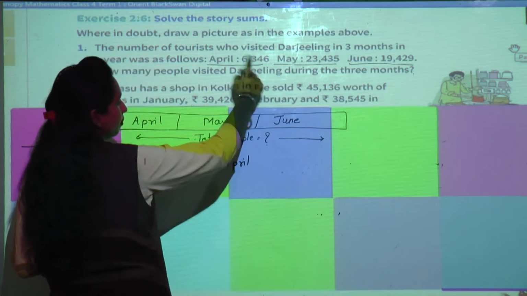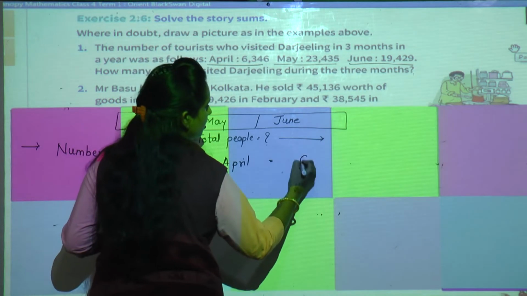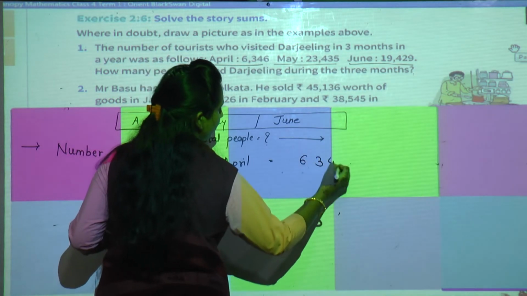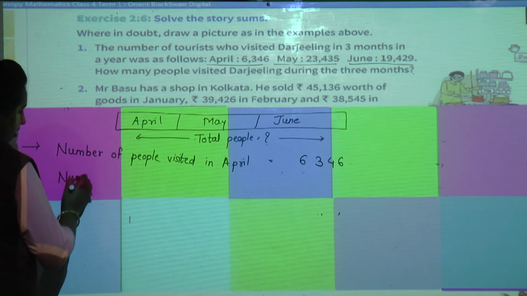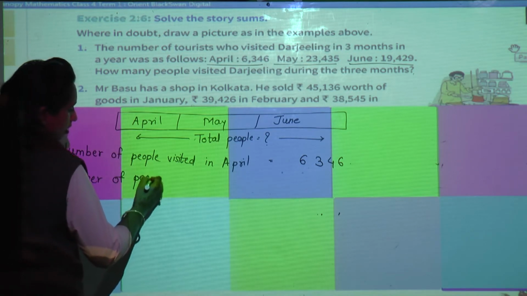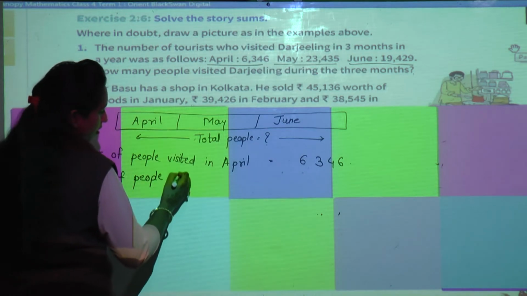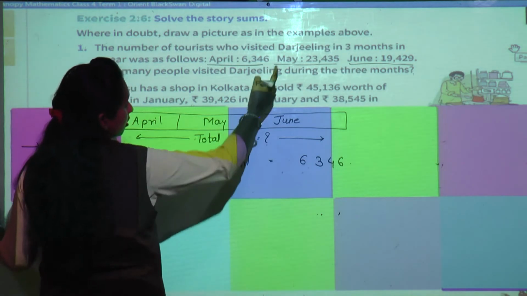Yes, we do have the number. Okay, so how many people visited in April? 6,346, and the next is number of people visited in May month.